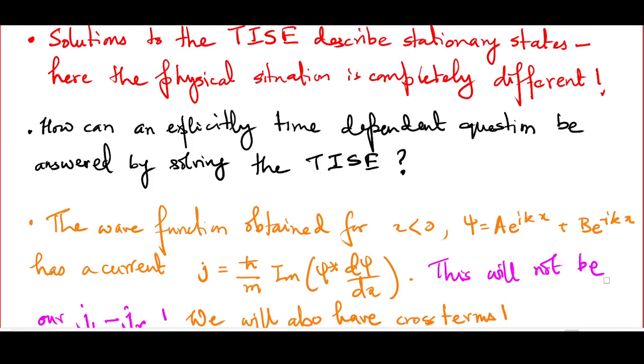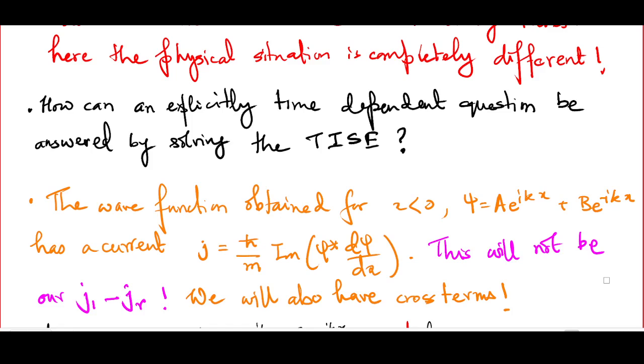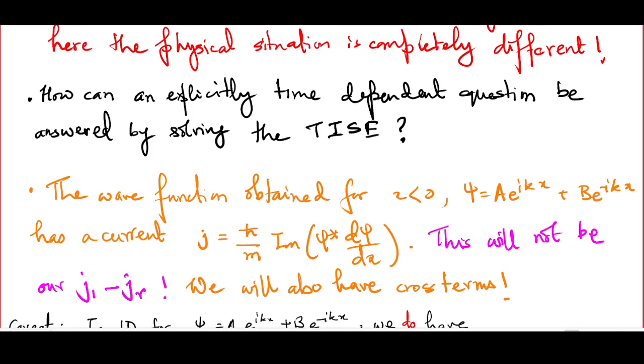Now, this should not really be our Ji minus Jr. Actually, the moment you multiply psi star with d psi dx, you expect not only terms with A's and A stars to go together and B's and B stars to go together, you would also get cross terms in the multiplication.